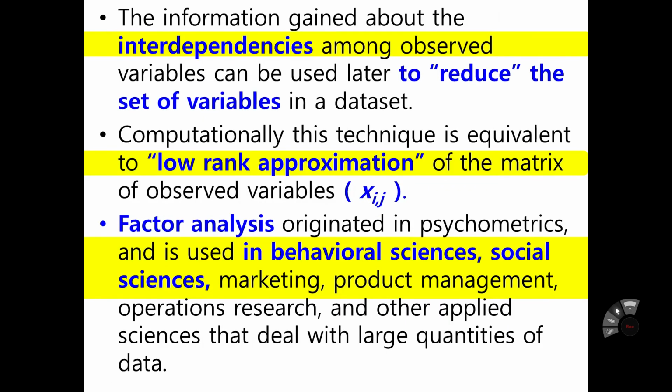The information gained about the interdependencies among observed variables can be used later to reduce the set of variables in a dataset. Computationally, this technique is equivalent to a lower rank approximation of the matrix of observed variables xij.